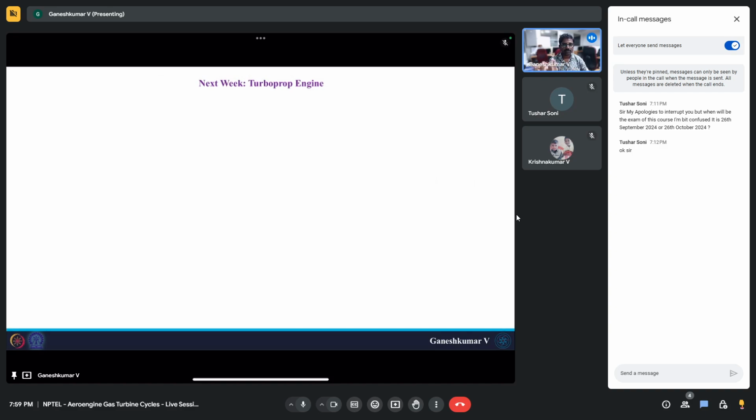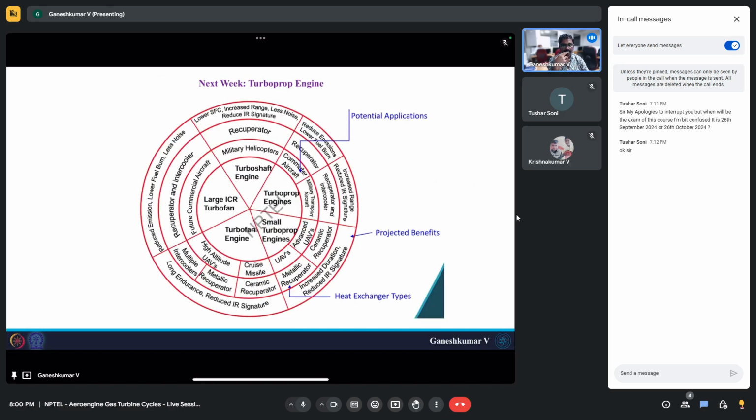Next week is totally about the turboprop engine. You must have got the week 10 contents on turboprop engines, and you should be familiar with this diagram. This diagram is a brief summarization of the week 9 contents.